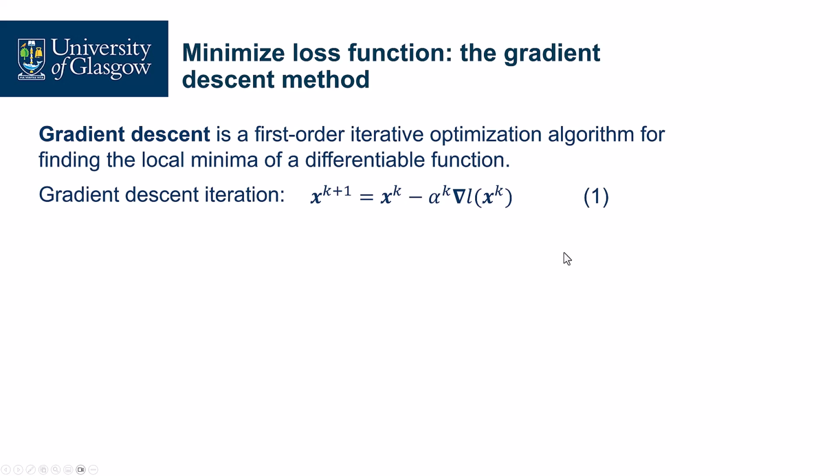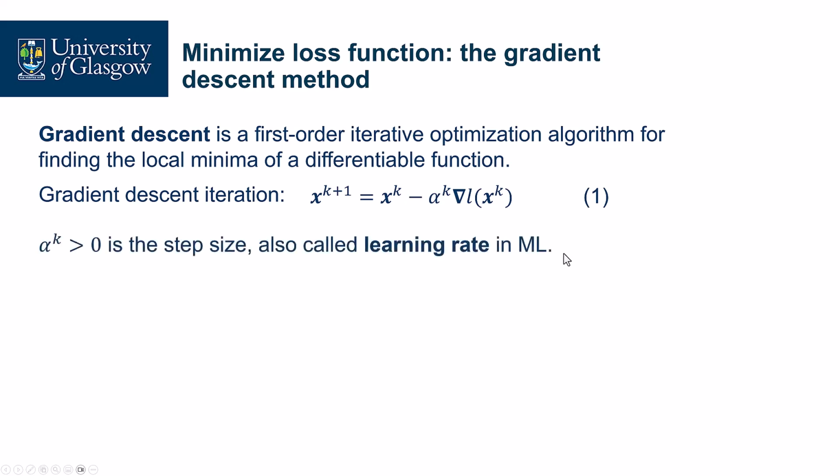Alpha k we call the step size, and alpha k must be larger than 0. In machine learning, we call it the learning rate. This last term we read as the gradient of the loss function L at the point xk.